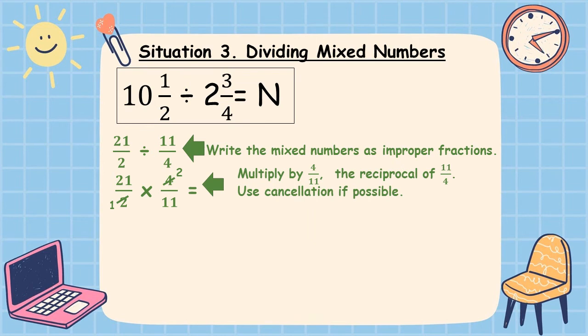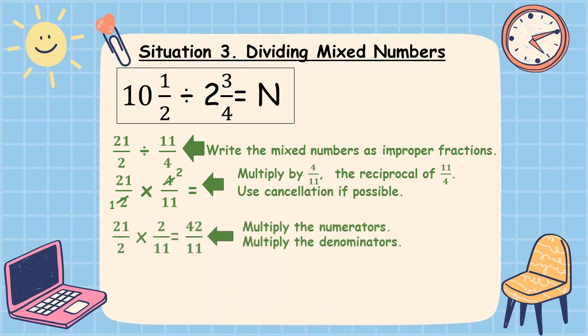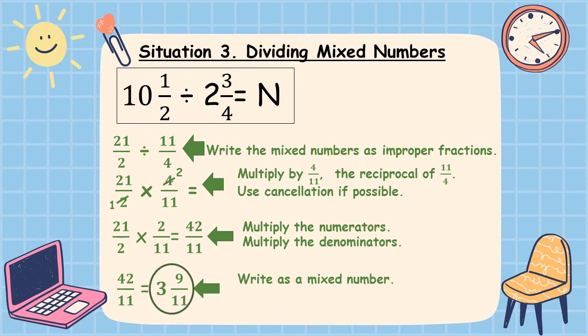So in this step, we will multiply 4/11, the reciprocal of 11/4. Use cancellation if possible. And then multiply the numerators and the denominators. And do not forget to simplify the answers in lowest term or write it as a mixed number.